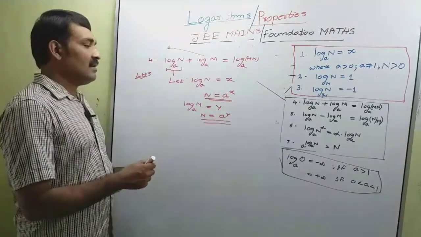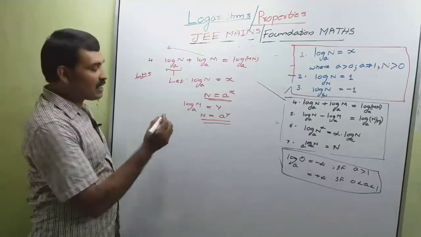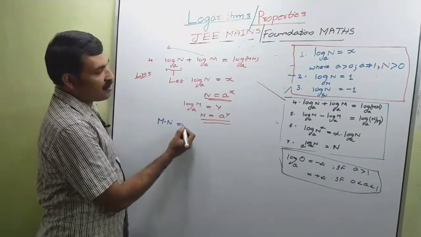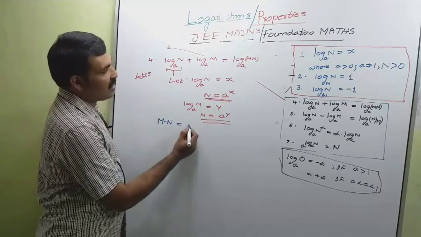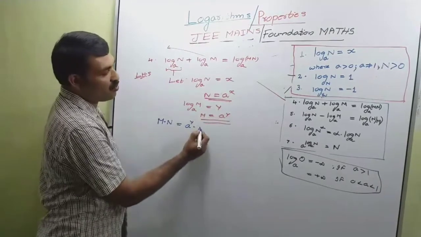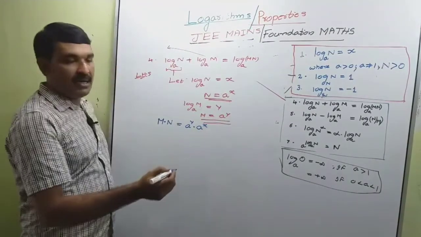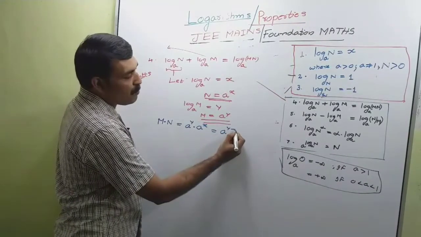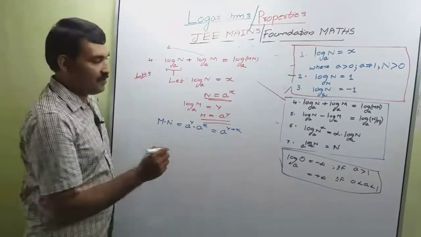Now consider the product m into n is equal to, m is a raised to y, a raised to y into n is a raised to x. This is equal to a raised to y plus x.